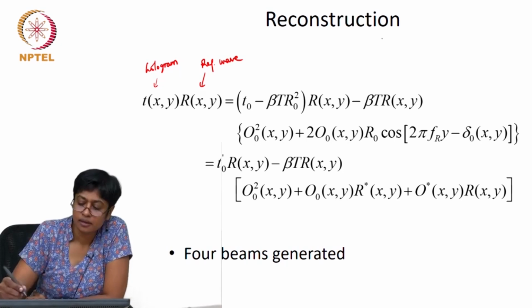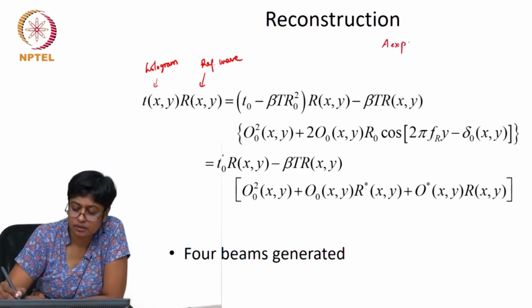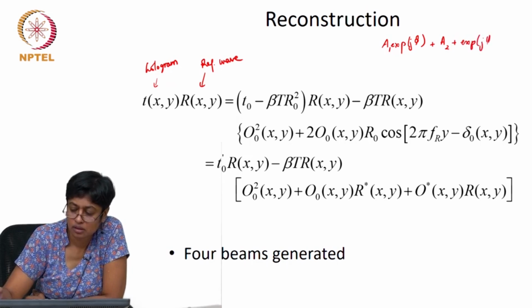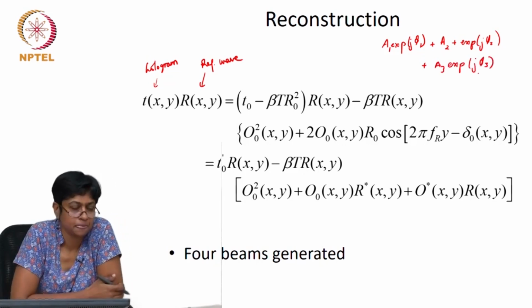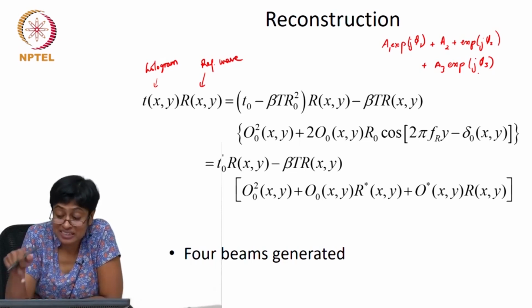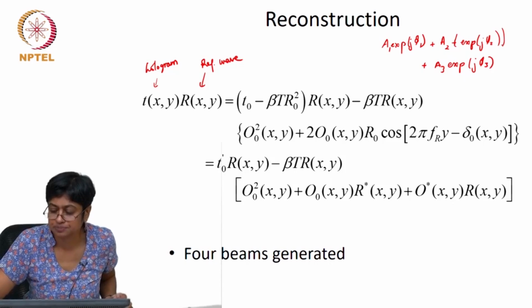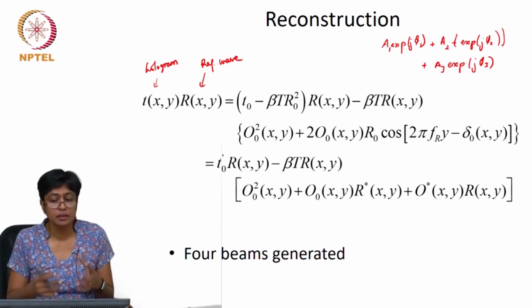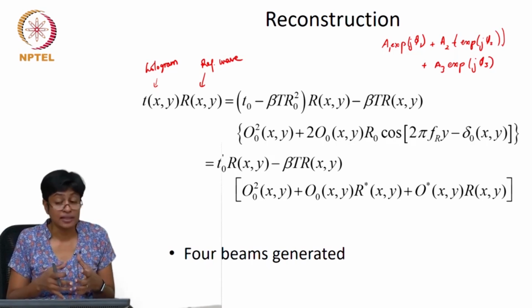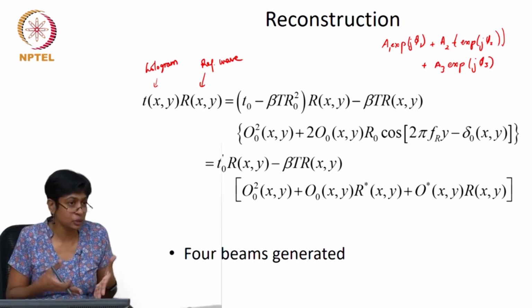Now, I write something like this. The summation between each of these terms means that I could consider each of these to be a unique beam.